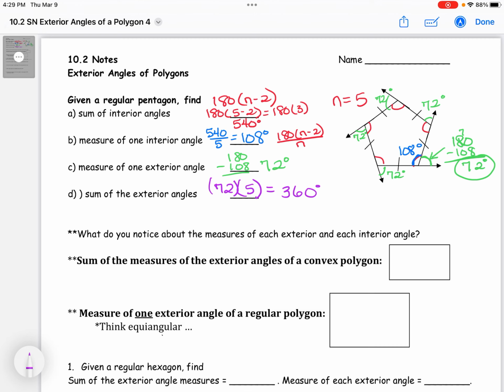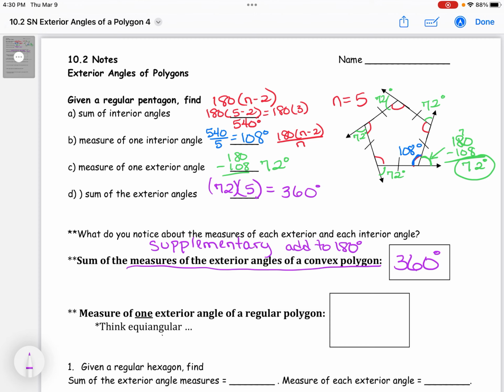So because each exterior and each interior angle are going to be supplementary, they're always going to add to 180. Then that means the sum of the measures of the exterior angles are always going to be 360.